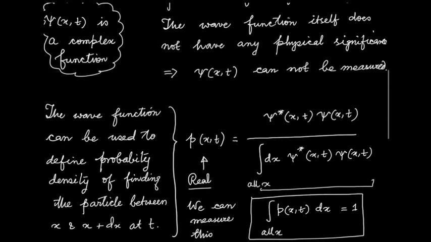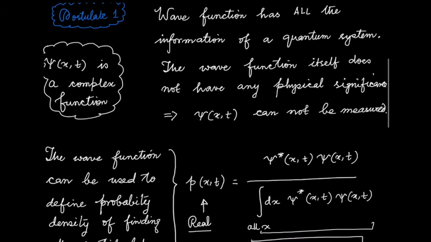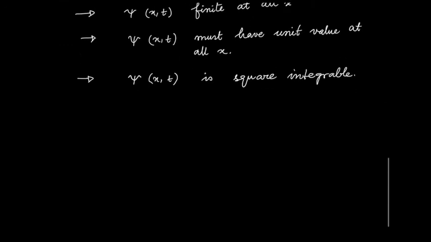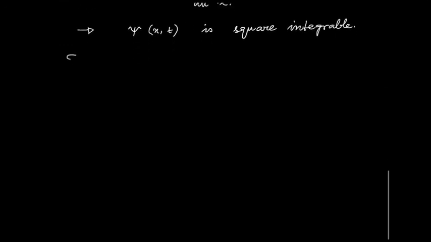Now, before we go further to the next postulate, we realize one thing here, that we are talking about a probability, which means there should be something random happening somewhere. So the quantum system has only probabilistic description.